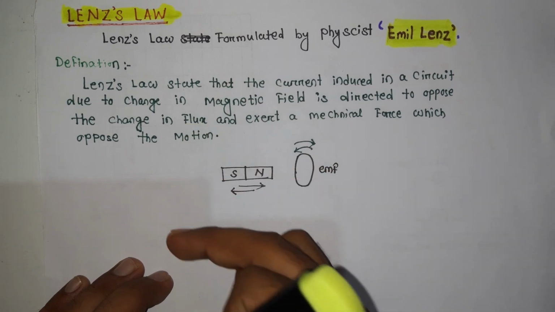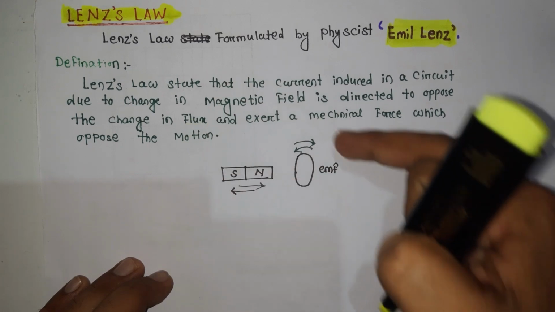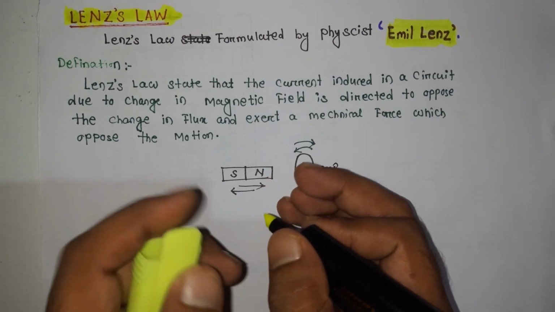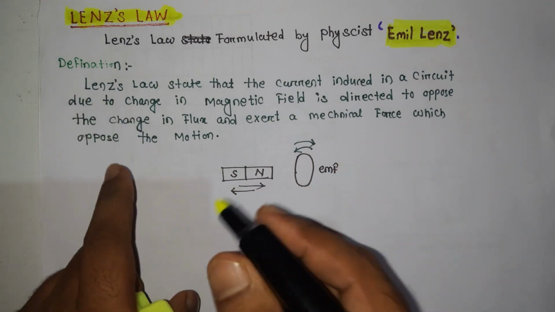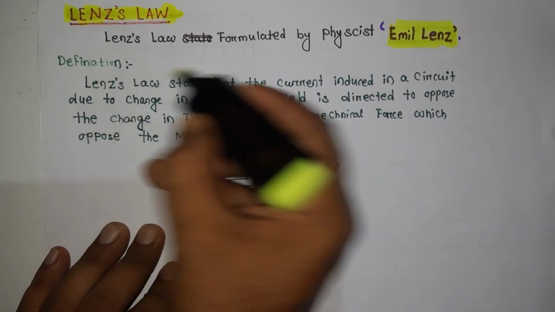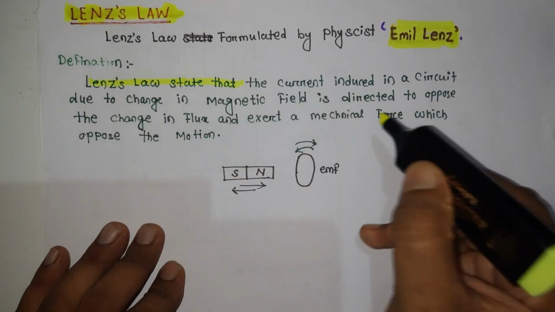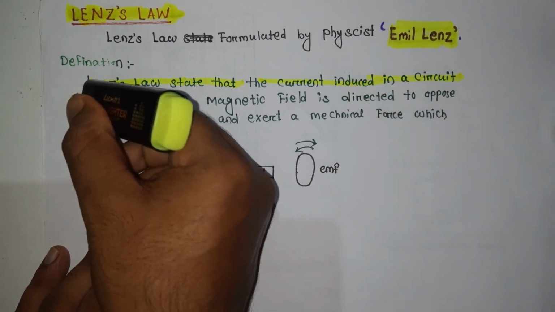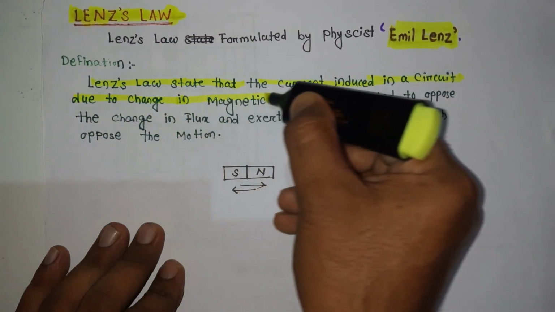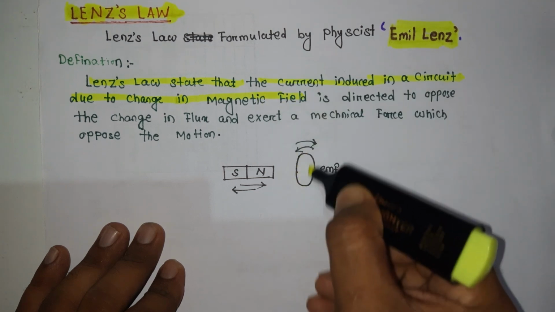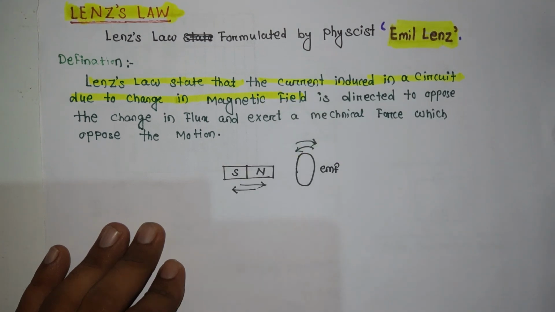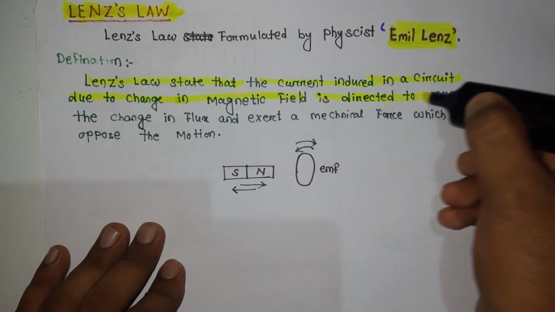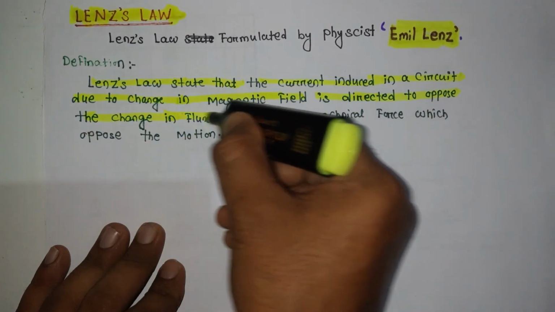From this definition, we derive a motion picture, then we clearly understand the scenario going on. Lenz's law says that the current induced in the circuit due to a change in magnetic field is directed opposite to the change of flux.